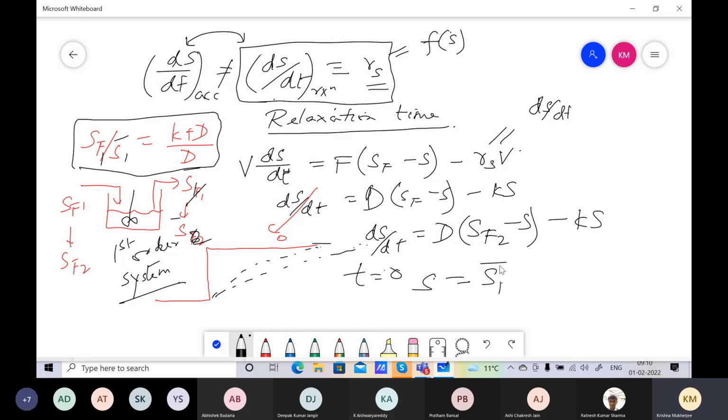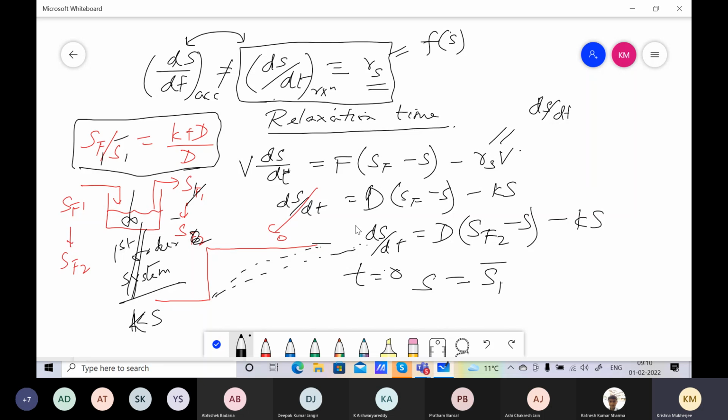Are you with me till now? Because the steady state value of a reactor where there is reaction taking place at, say, first order, it could well be Michaelis-Menten kinetics, but let us take first order for a simple case.